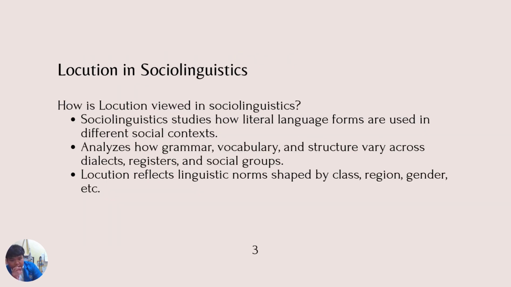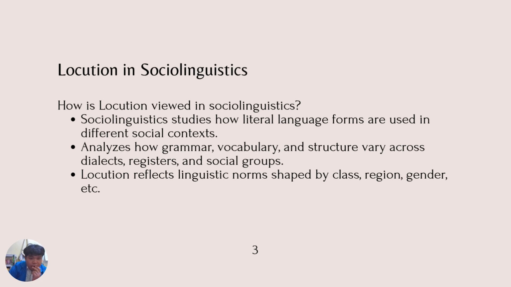And locution in sociolinguistics: how is locution seen in sociolinguistics? First, sociolinguistics studies how literal forms are used in different social contexts. Second, it analyzes how grammar, vocabulary, and structure vary across dialects, registers, and social groups.